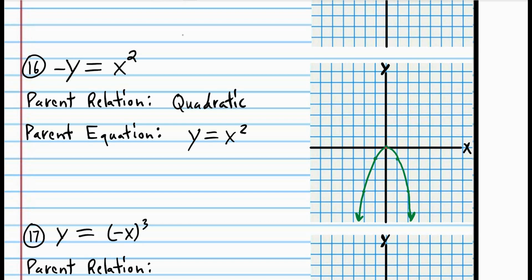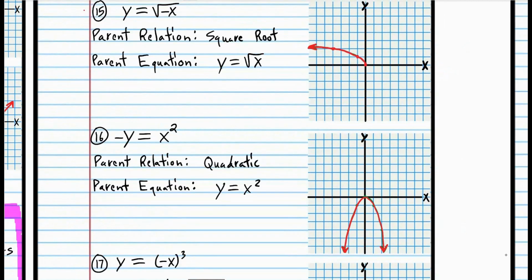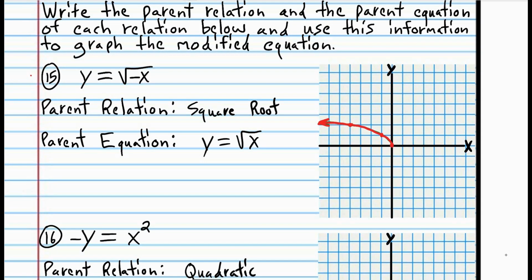Now again, you don't have to draw the parent graph. You just have to understand the reflection. So how do you deal with this? How do you graph these? How are we supposed to approach all this? Well, once you start memorizing the shapes of the graphs, it's going to be very easy to understand how to reflect or translate or dilate and so on and so forth.